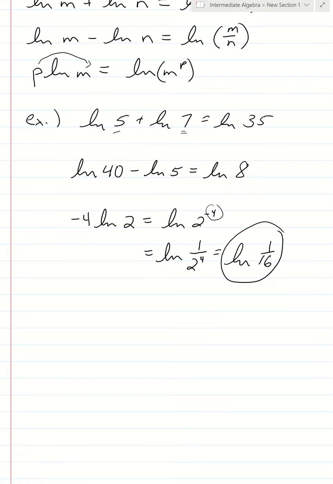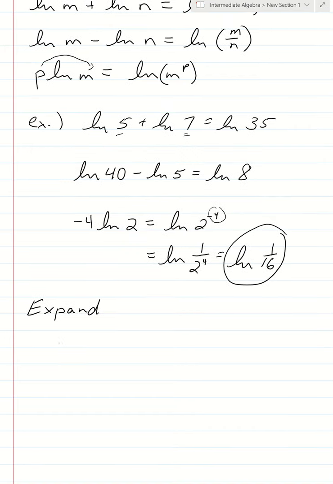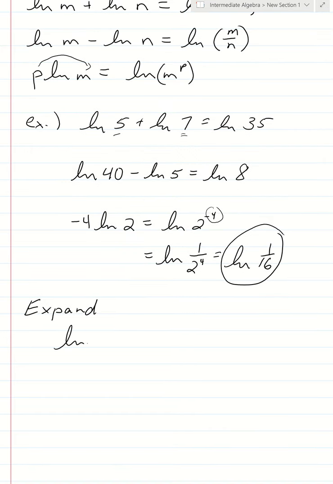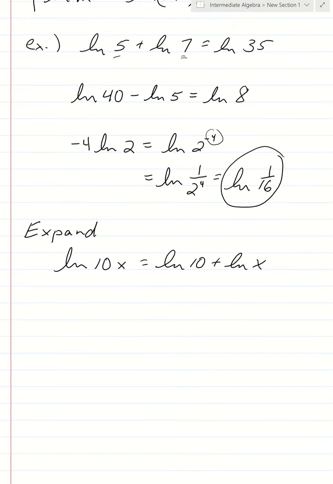If we can simplify with natural logs, we of course can also expand like we did with logarithms. For example, if I asked you to expand the natural log of 10x, that would be the same thing as the natural log of 10 plus the natural log of x, because anything that's being multiplied can be expanded out to the addition of two logarithmic terms.